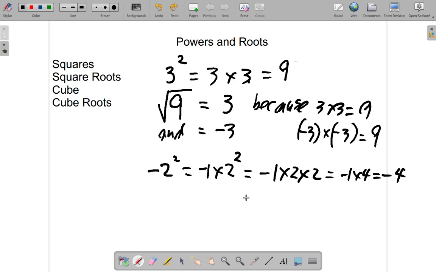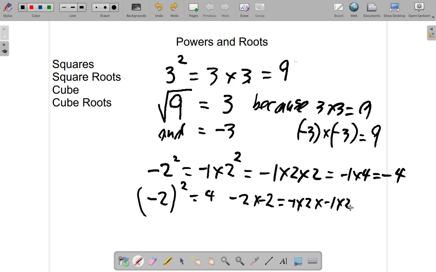And that's not what you intended, so you must use the brackets. If you want negative 2 squared, you have to put in open bracket, negative 2, close bracket, squared, and then you get your positive 4. Because it's negative 2 times negative 2, which is negative 1 by 2 by negative 1 by 2.